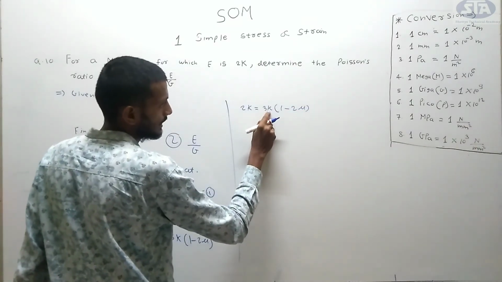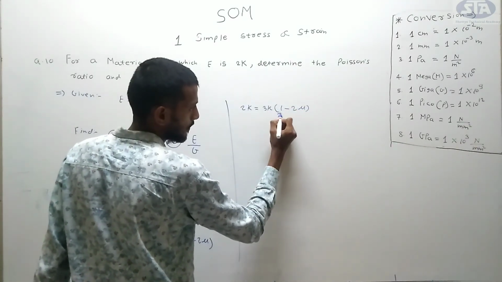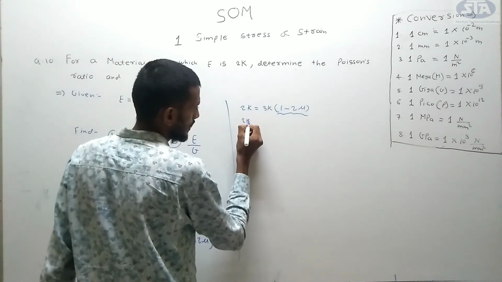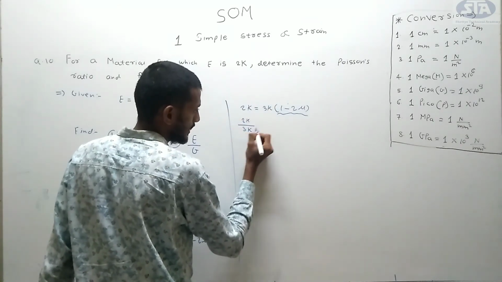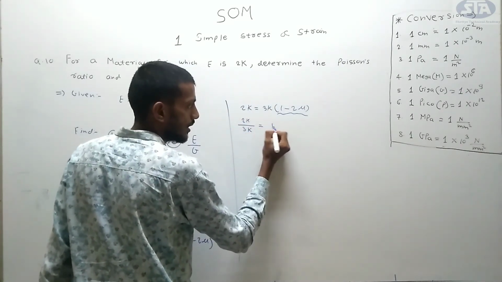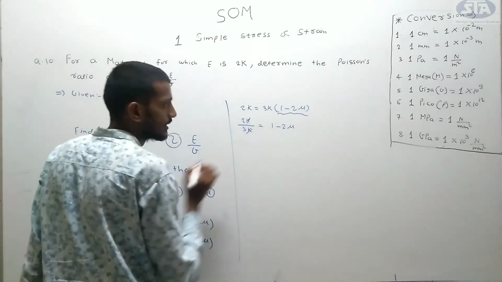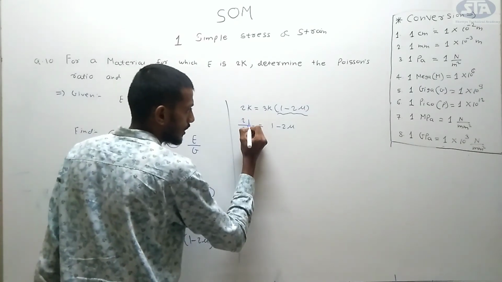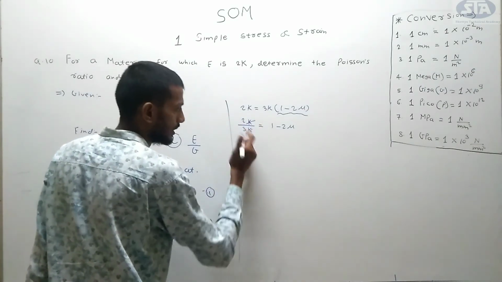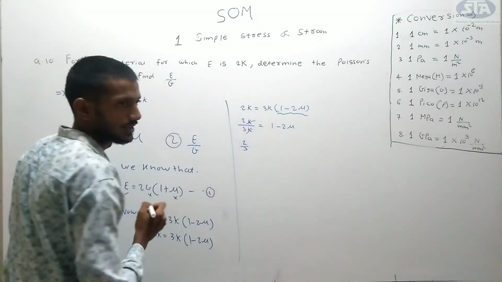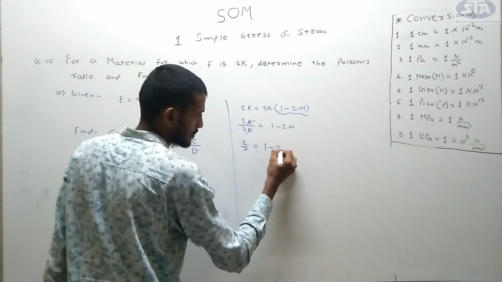Now 3K is in multiplication with the bracket, so when shifting to the left hand side it is divided: 2K divided by 3K is equal to 1 minus 2 mu. Now K gets cancelled, remaining 2 divided by 3 is equal to 1 minus 2 mu.